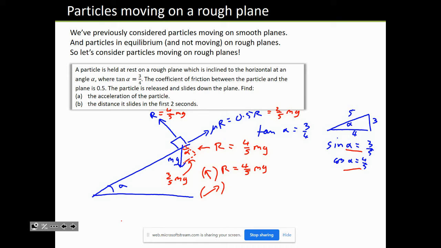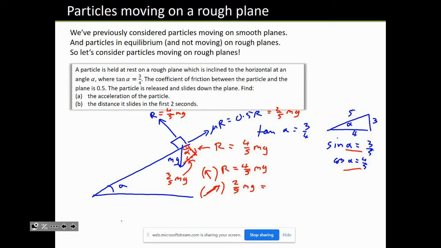And you can see that the weight has a component that heads down the slope. So if we're thinking about up the slope being positive, then 0.5 R, or 2/5 mg, is going to equal our components going down the slope.